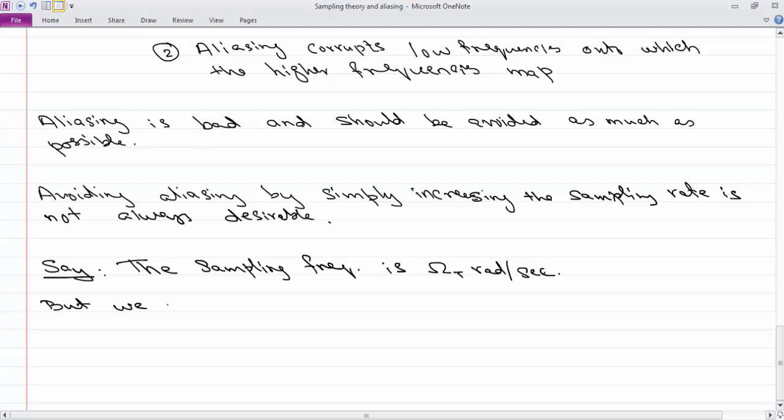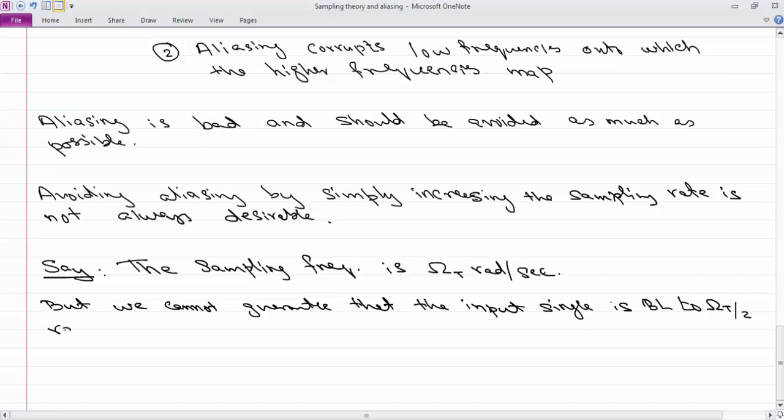So we cannot guarantee that the input signal is band limited to omega T by 2 radians per second. So then how do we ensure that no aliasing happens?